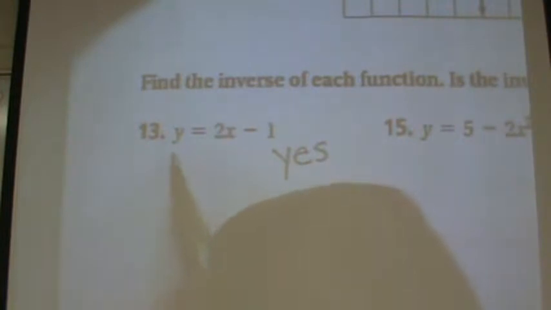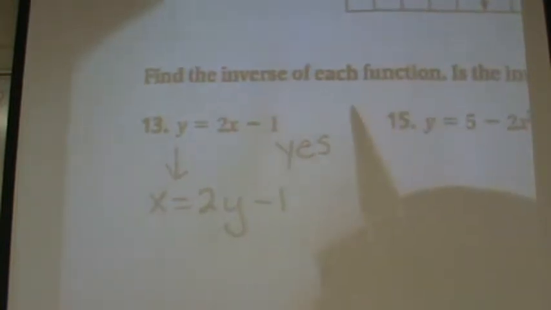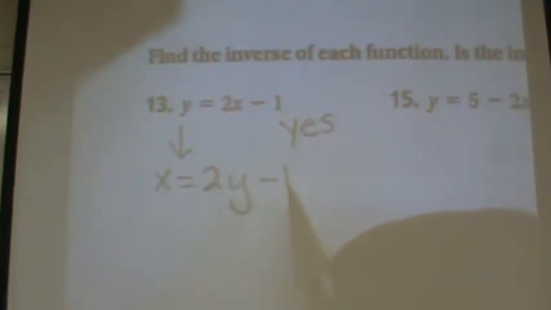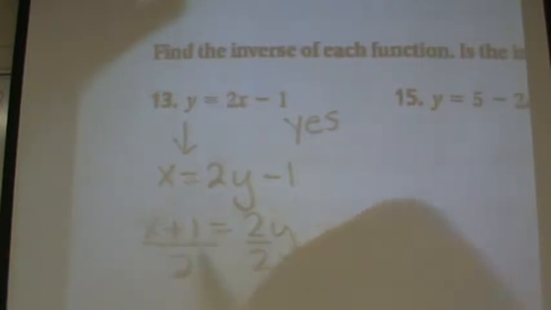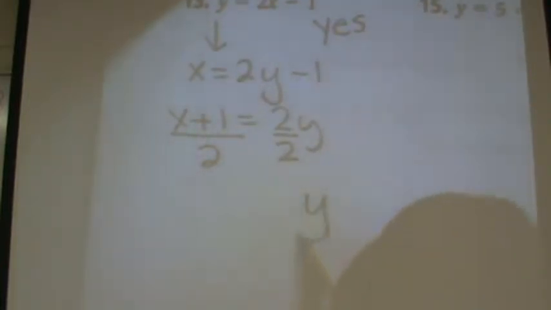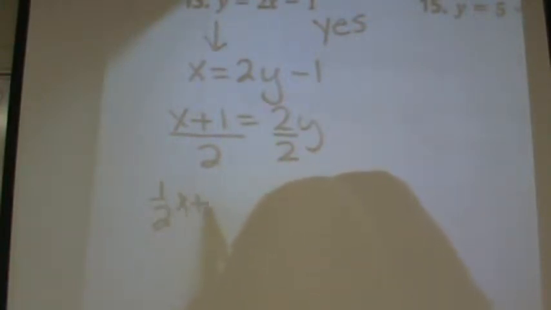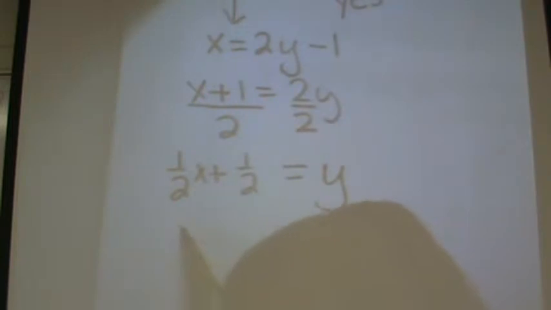Now how do you find it? You would write x is equal to 2y minus 1 and solve for y. Add 1. And some people just do this. They put one big 2 underneath there. Or you can separate them. Now, so you have y equals, let's straighten it out.